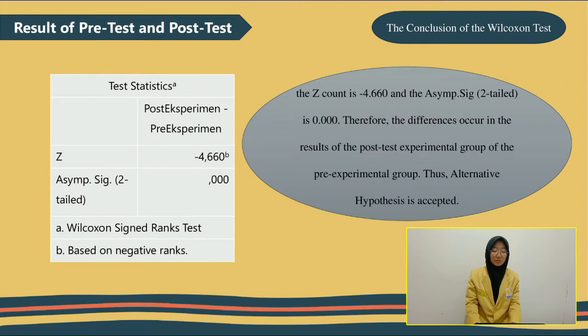Based on the table before, this is the conclusion of the Wilcoxon test. The Z count is negative 4.660 and the asymptotic significance is 0.0. Therefore, there is a difference between the results of the post-test of the experimental group and the pre-test of the experimental group. Thus, the alternative hypothesis is accepted.